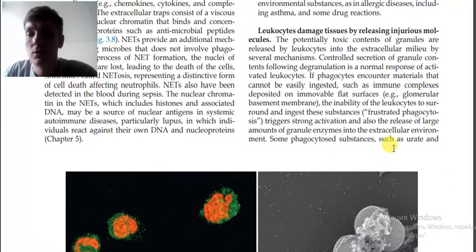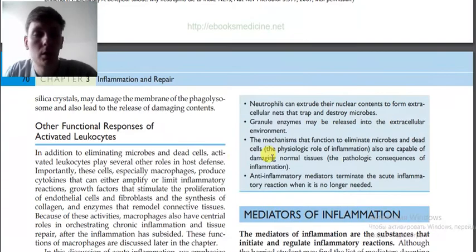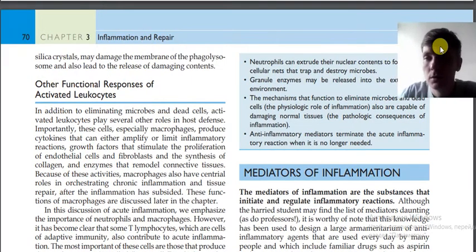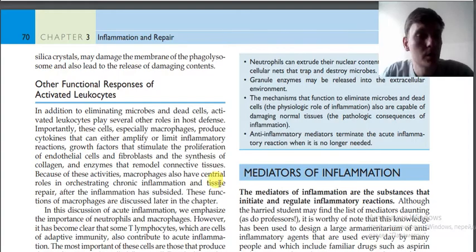Some phagocytosed substances such as urate and silica crystals may damage the membrane of the phagolysosome and also lead to the release of damaging contents. You see, lysosomes are damaged and release their contents. And don't forget about frustrated phagocytosis on flat surfaces.